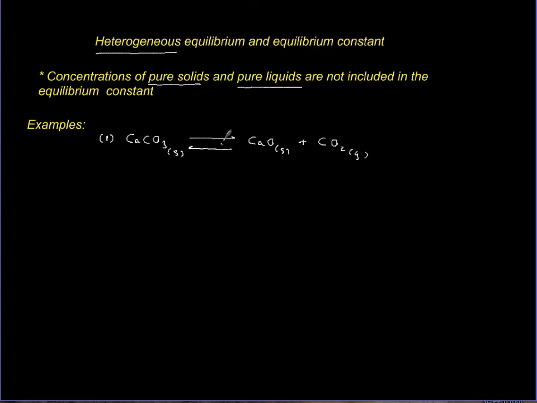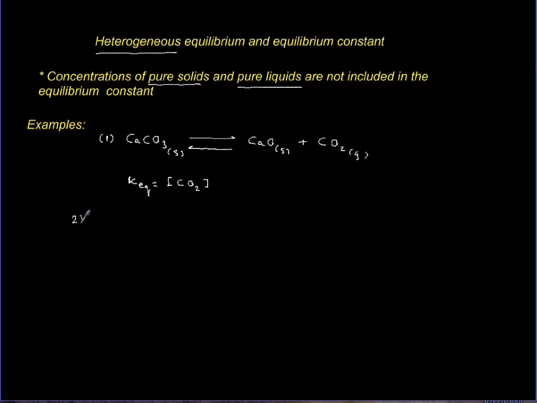Now, when we ask you to write the equilibrium expression or constant, you write K equilibrium, which is products over reactants, but we are not going to include calcium oxide, a solid, and calcium carbonate. So it's simply the concentration of carbon dioxide. This is what dictates your equilibrium constant.